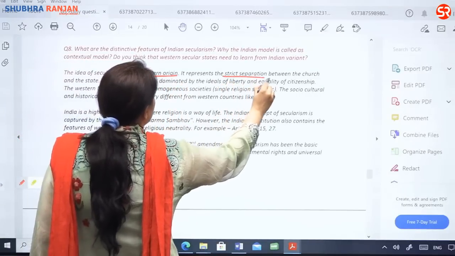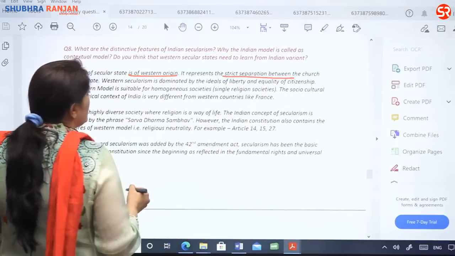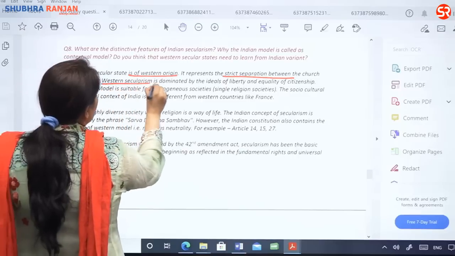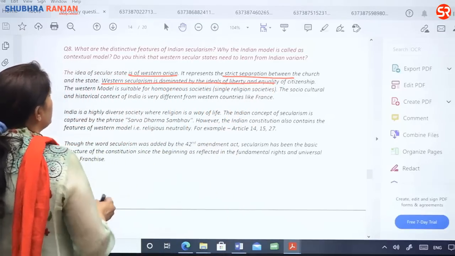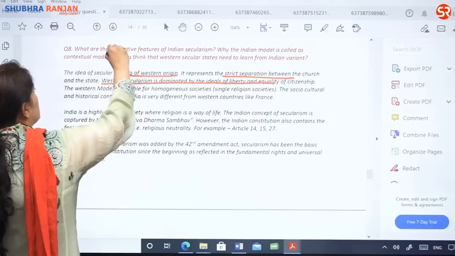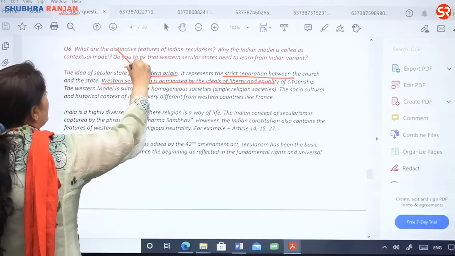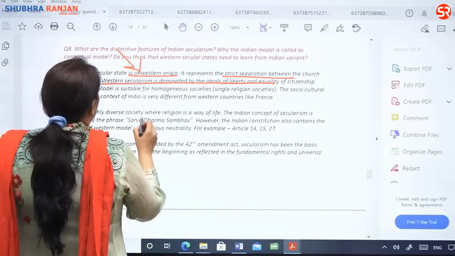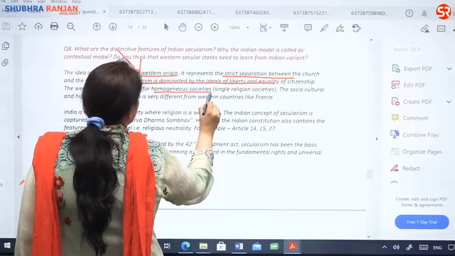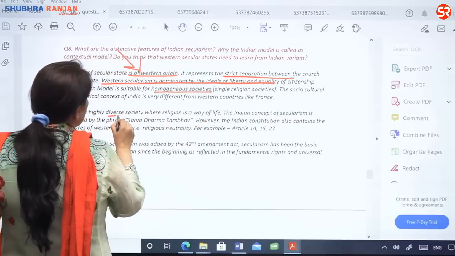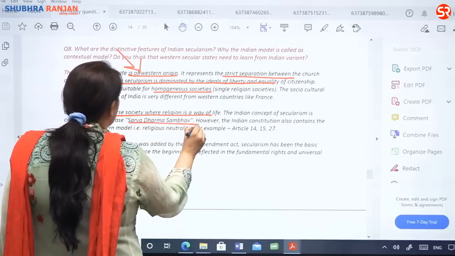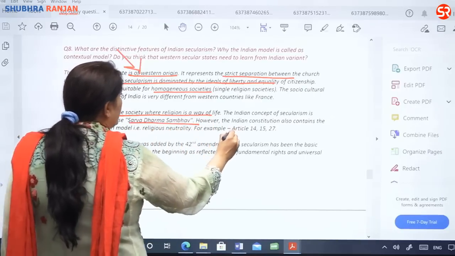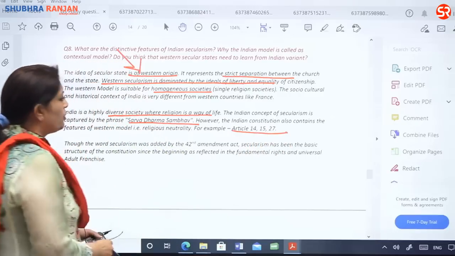It represents a strict separation between church and state. Western secularism is dominated by ideals of liberty and equality. Because we have to discuss the distinctive features, we should write about the Western model. It is suitable for homogeneous societies. India is a highly diverse society, so our model is Sarva Dharma Sambhav and these constitutional provisions.